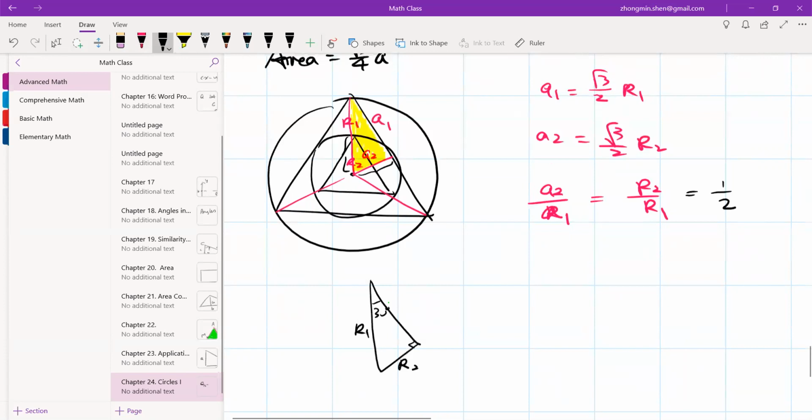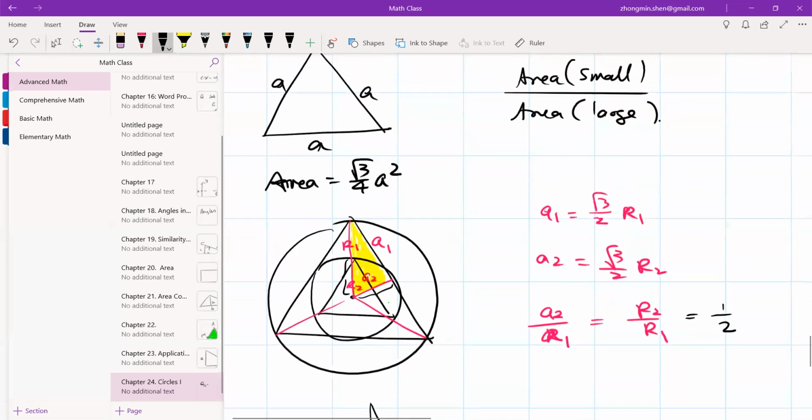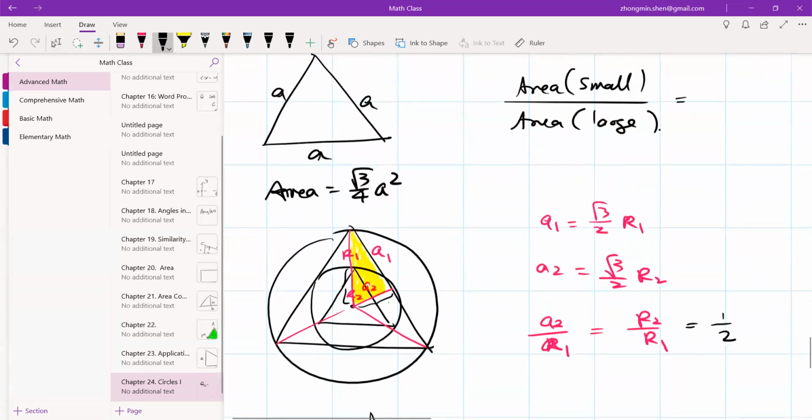Okay. So then the area of the smaller one is going to be square root of 3 over 4 times A2 squared, and the larger is square root of 3 over 4 times A1 squared.